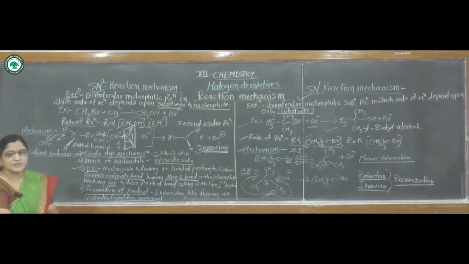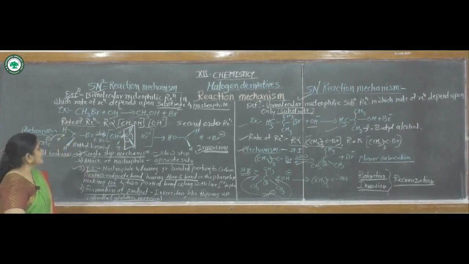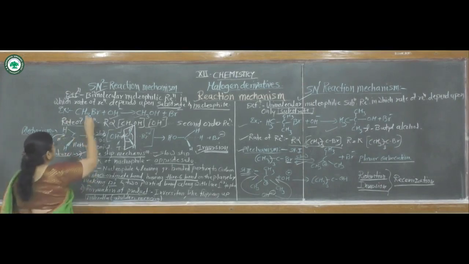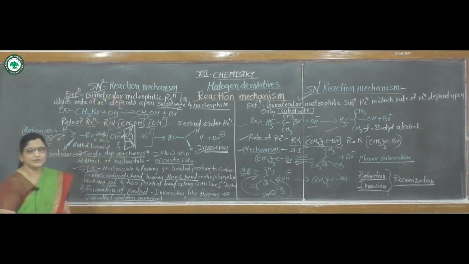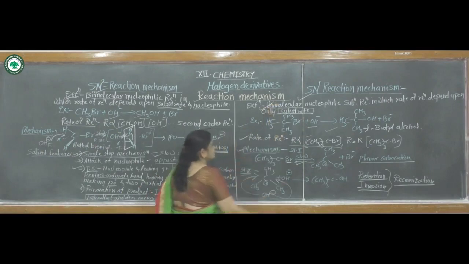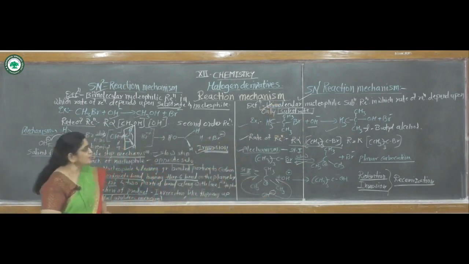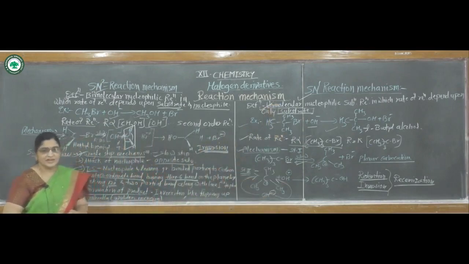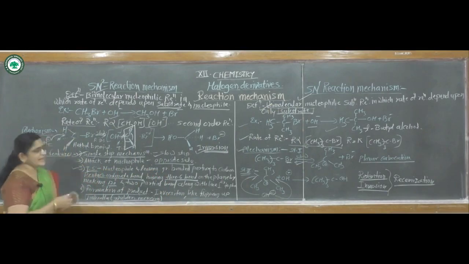Then what is the difference between these two reactions? The SN2 reaction is called bimolecular nucleophilic substitution reaction, and the SN1 reaction is called unimolecular nucleophilic substitution reaction. Then the rate of reaction.